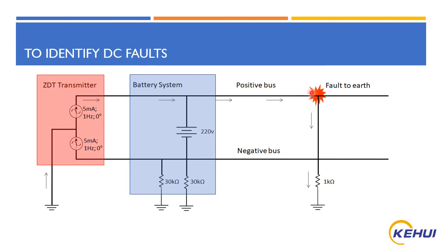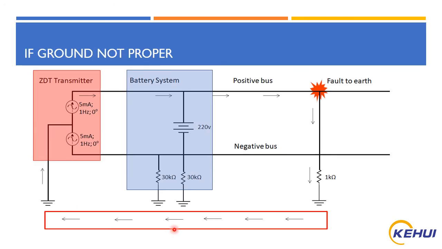Whenever there is a fault in the system, when you connect our equipment and you don't get the closed loop path, it shows that the transmitter is not connected to the proper ground, or the transmitter ground is connected to a point where it is not grounded properly, or there is no ground point at that particular point. So if you don't get the return path, it means the grounding is improper.